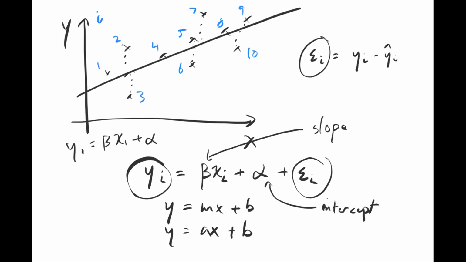So this describes the point on the line, right here. And then I have to add my error term here, so epsilon 1, which would be the distance between my dot and my x. Okay, and so that's how I arrive at the actual point y1.